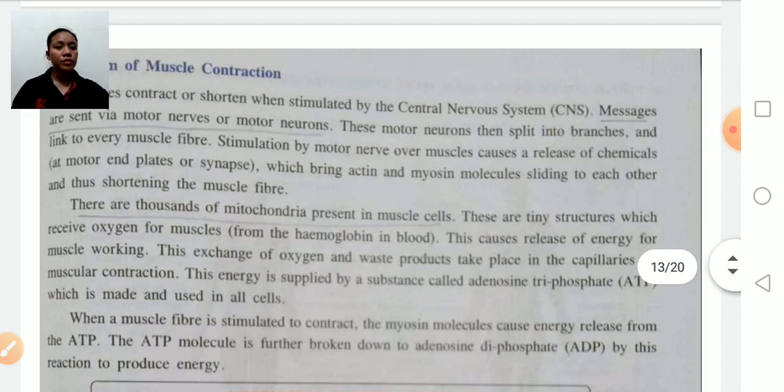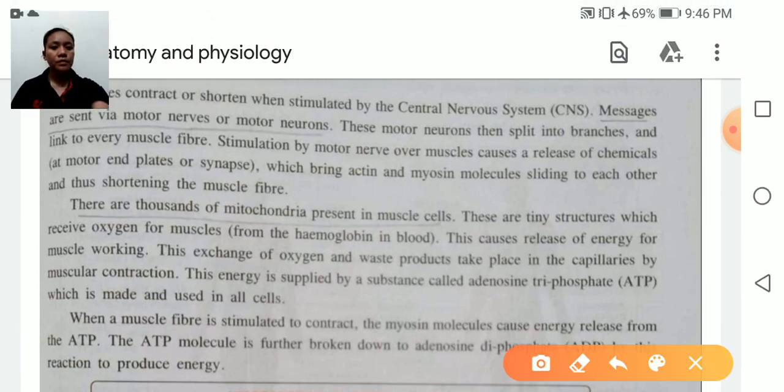This motor neuron then splits into branches and links to every muscle fiber.